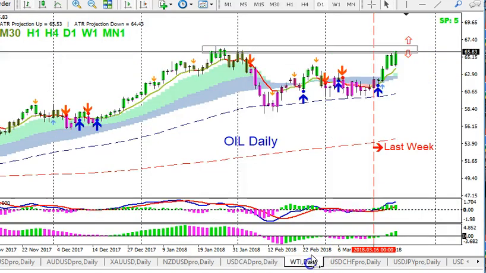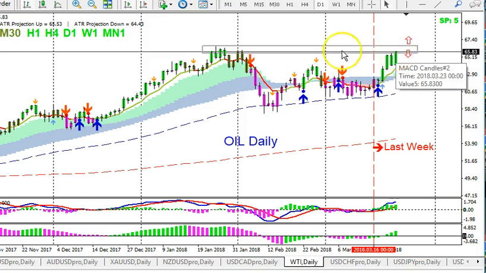Now, oil, we talk about oil because oil and the Canadian dollar go hand in hand. We had a nice uptrend last week for oil, and this last candle, this is Friday's trading right here, is a pretty good momentum bullish candle.